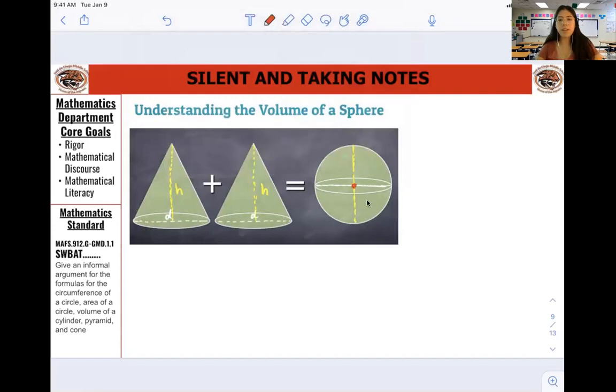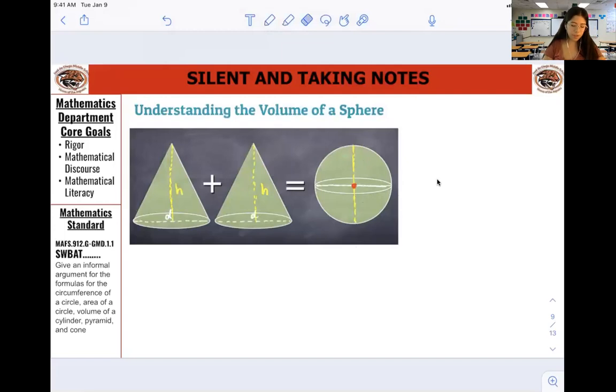They intersect at the center, and what Perla says is completely true. They are going to be the same, because a sphere is a ball, right? And a ball, no matter which way you look at it, is exactly the same. So the diameter is going to be exactly the same as the height. Because if you rotate this sphere around 90 degrees, it's still going to be exactly the same. So these two are actually equal to each other.